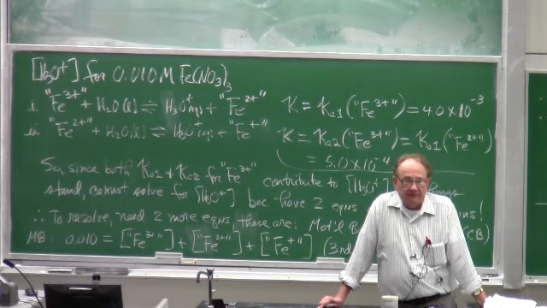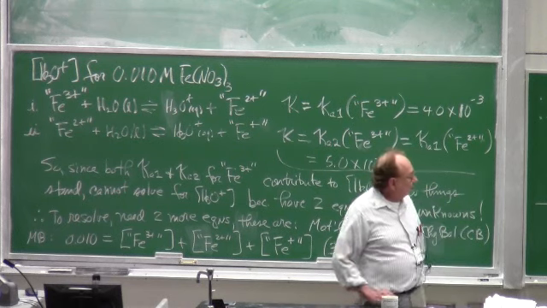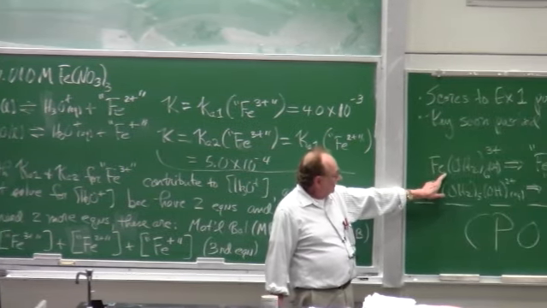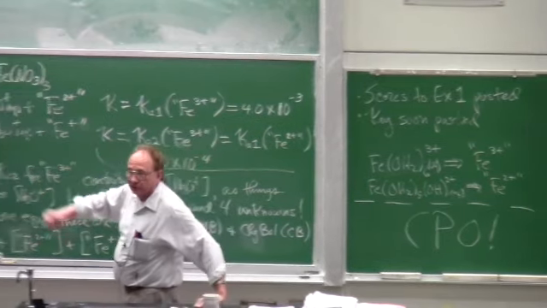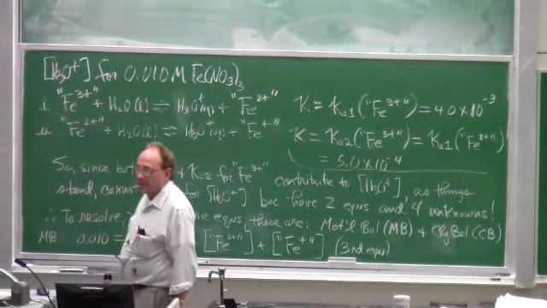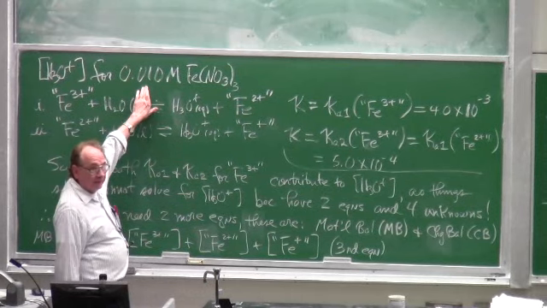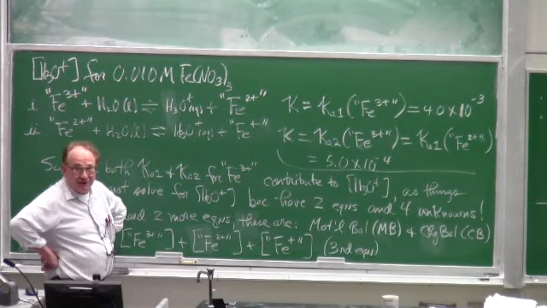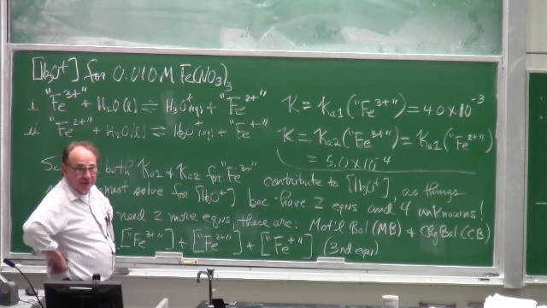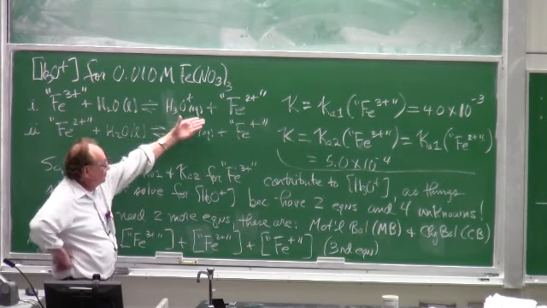And if nothing else, we reminded ourselves last time that this stuff is pale violet, this stuff is yellow-brown, and Fe single plus is also yellow-brown. If you observe this solution in the laboratory, you'll see that it's yellow-brown. The observation itself is telling you there's appreciable conversion of this to this.